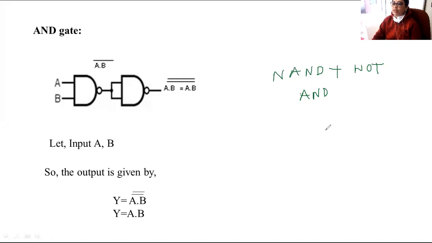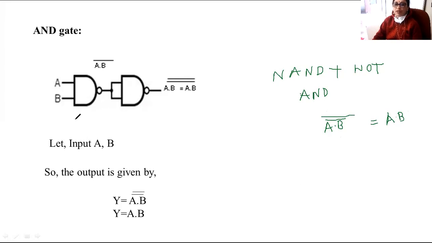That means if you are building A dot B bar and its whole bar, it will become A dot B only. So what you have to do is connect a NOT gate built using NAND gate at the output of the NAND gate.